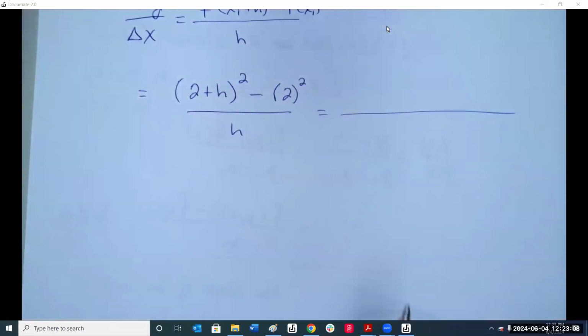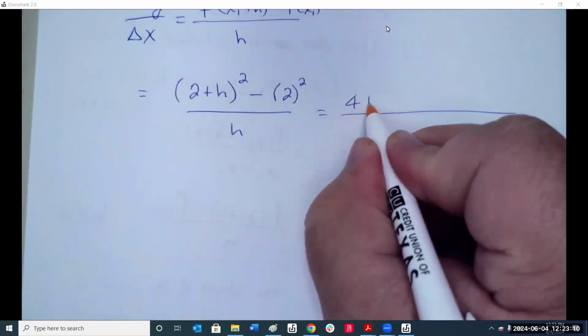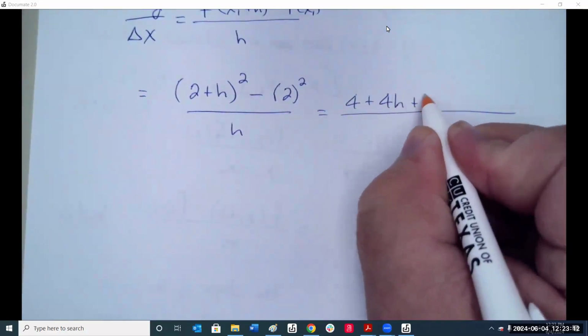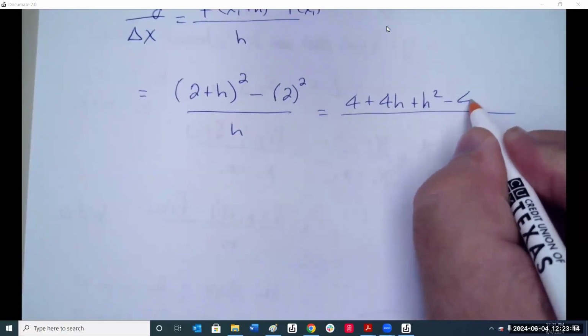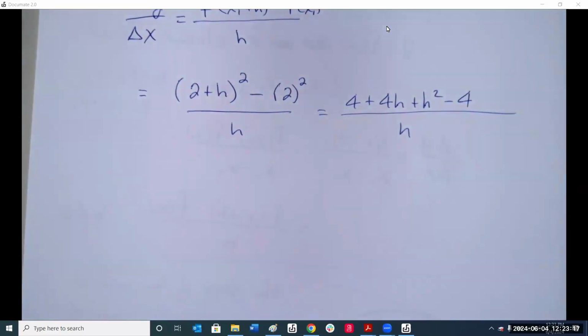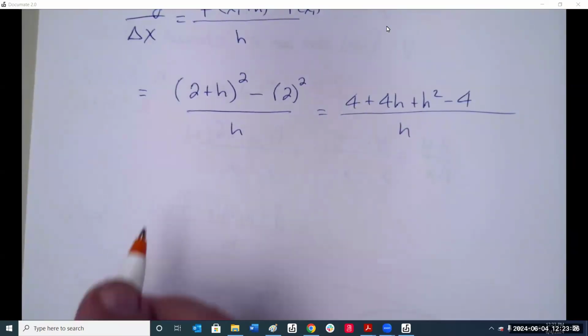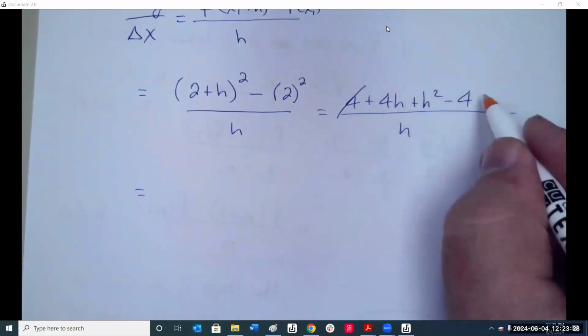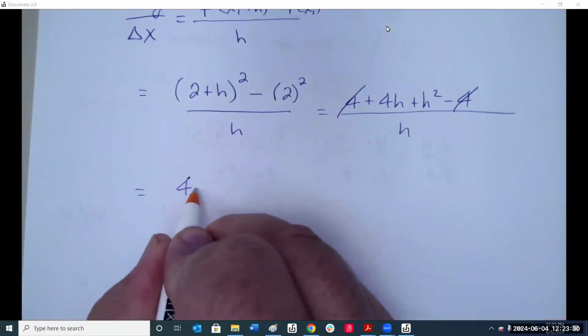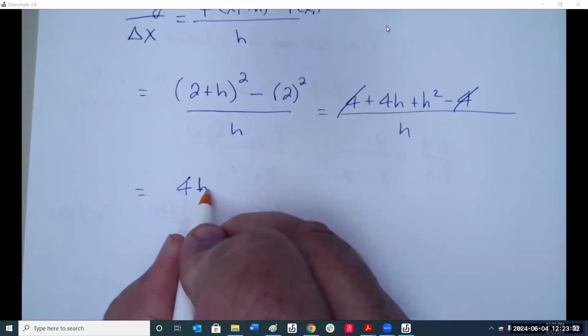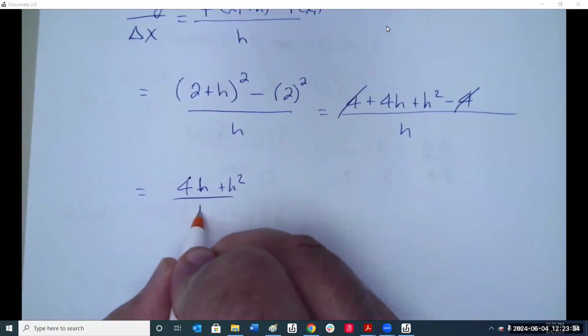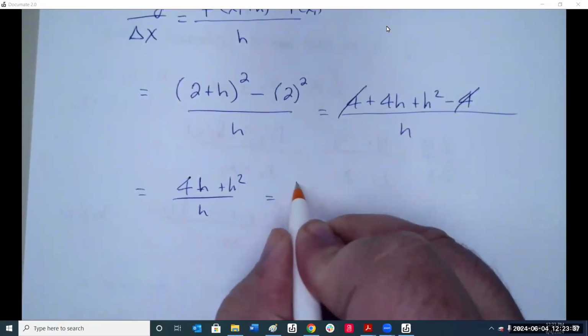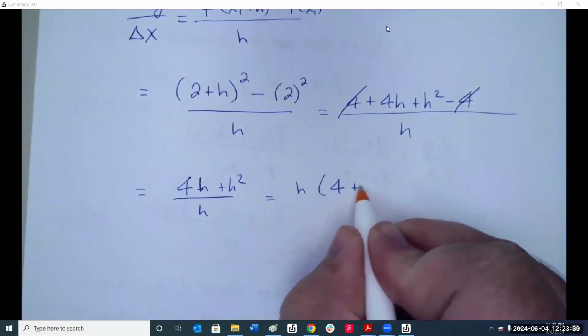We have to FOIL the first one, so we get 4 plus 4h plus h squared minus 4 over h. The 4's cancel, so we have 4h plus h squared over h. Factor out the h.